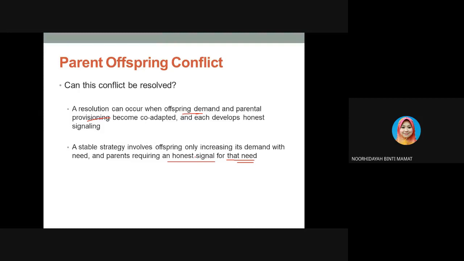If the offspring's demand depends only on their needs, and the parents give their attention or investment using the signal given by the offspring, then the parent-offspring conflict can be resolved.